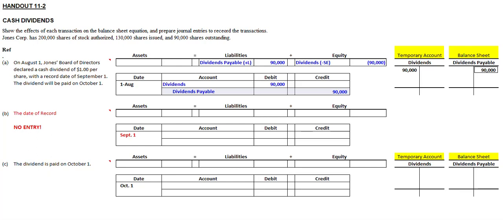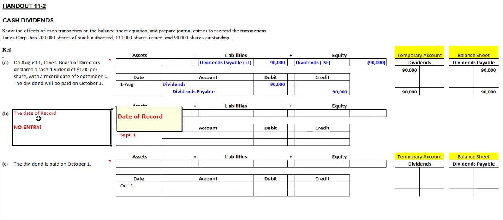And we've got our T accounts off to the right. So after our August 1st entries, dividends will have a $90,000 balance, and dividends payable will have a $90,000 credit balance. Now again, on the date of record, no entry is made. So there's no entry that's going to be made on September 1st.